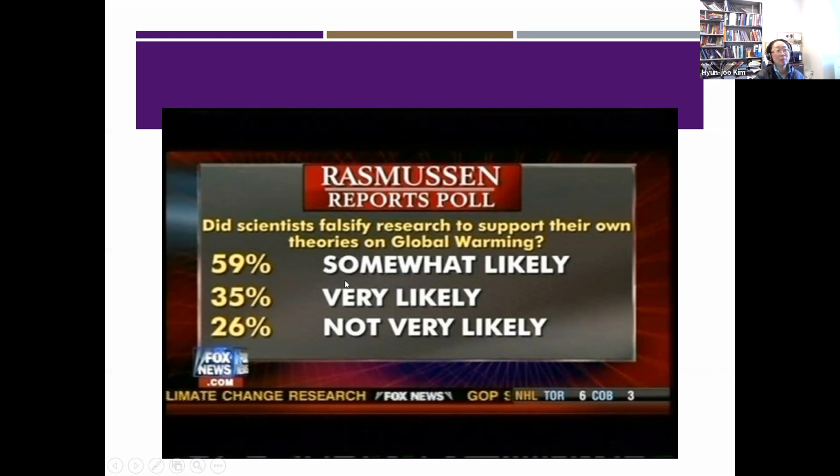And then by swapping somewhat likely and very likely, the direction is actually changed. So for a more accurate representation, I think this one should go up there. So very likely, somewhat likely, and not very likely. That will actually be a better order of representation.